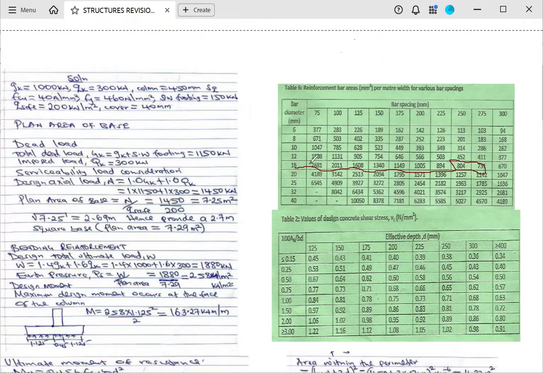It means I provide bars of 16 millimeter diameter spaced at 250 millimeter center to center.